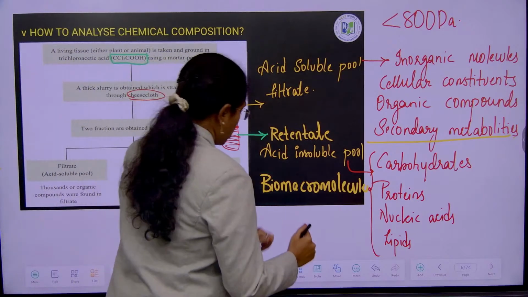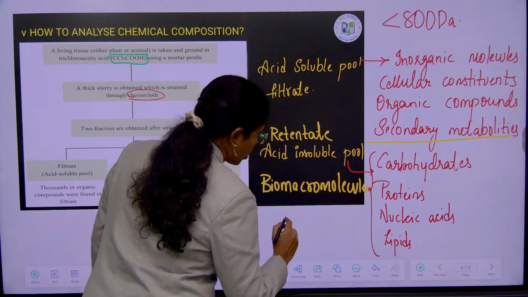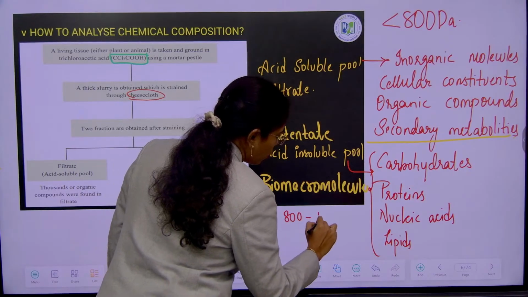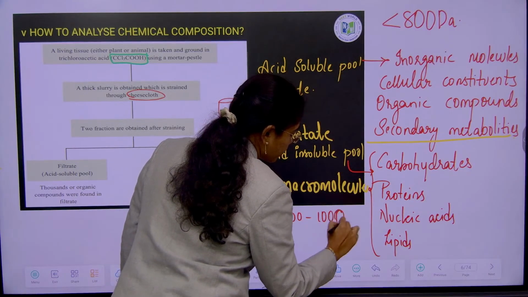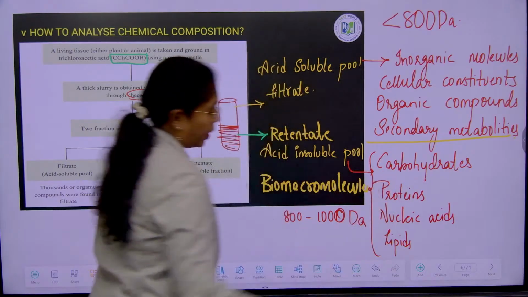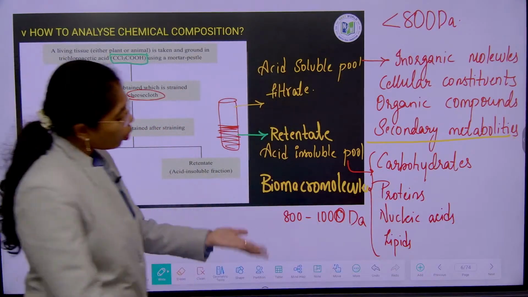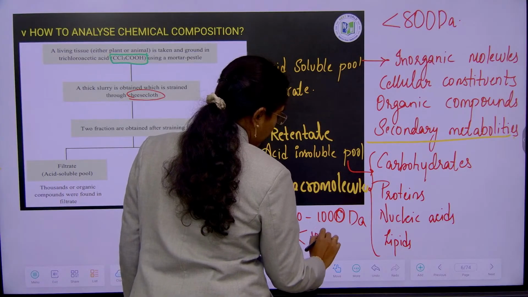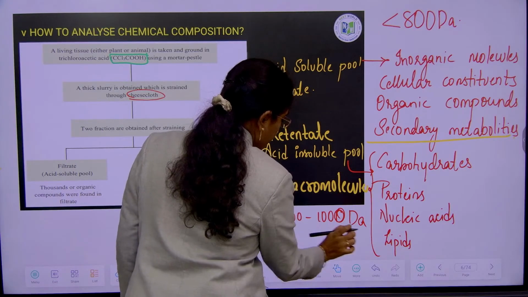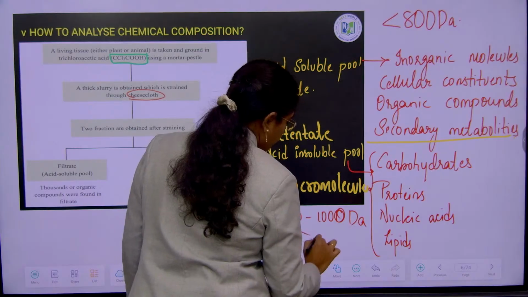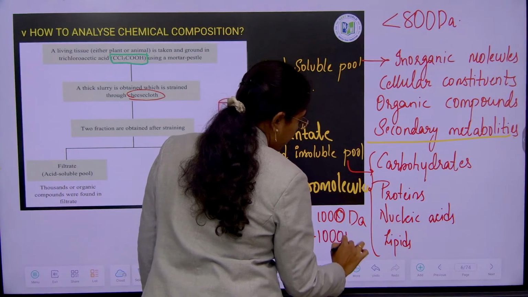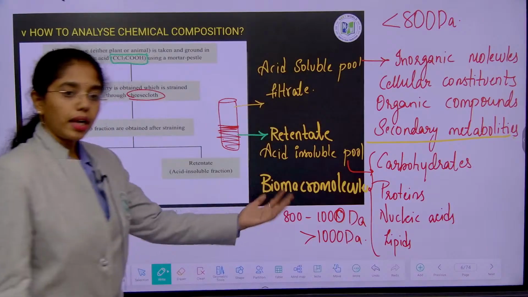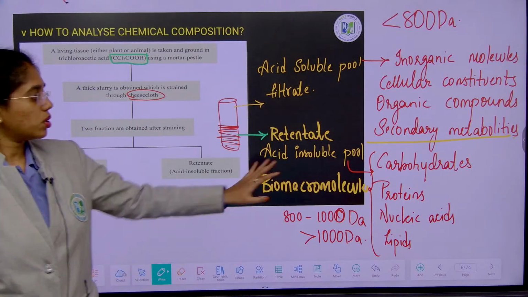It is around 800 to 1000 Daltons, or more than 1000 Daltons. Above 800 or more than 1000 Daltons are in here.